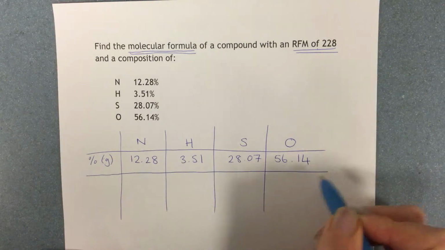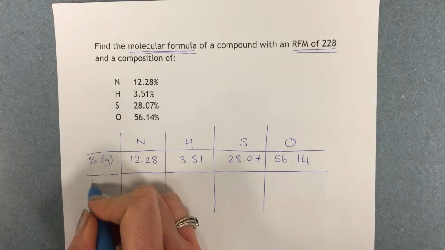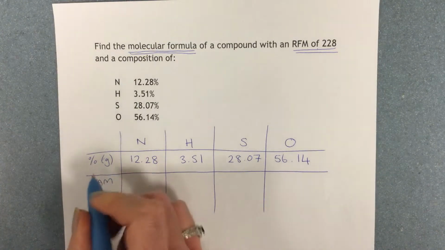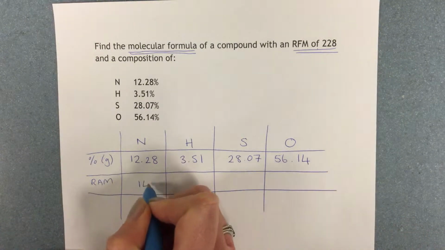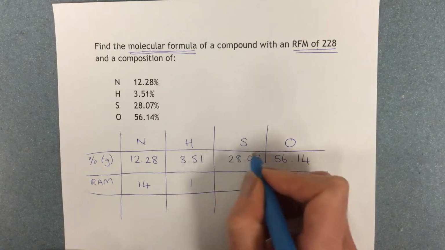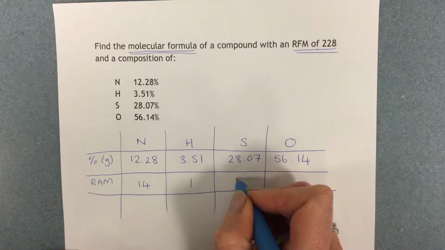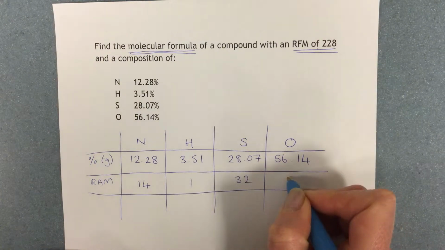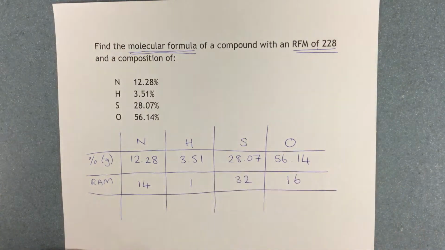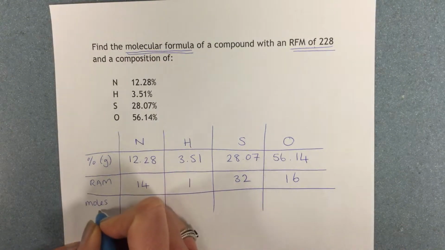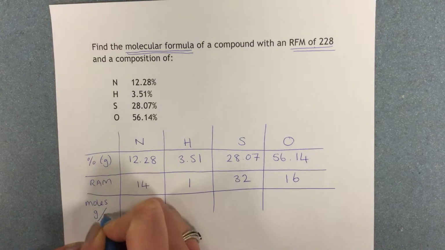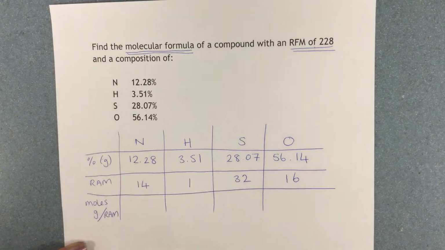I'm then going to go to the periodic table and write down the relative atomic masses of each element. So nitrogen is 14, hydrogen is 1, sulfur is 32 and oxygen is 16. Now I can do my moles, which is just mass in grams divided by relative atomic mass.